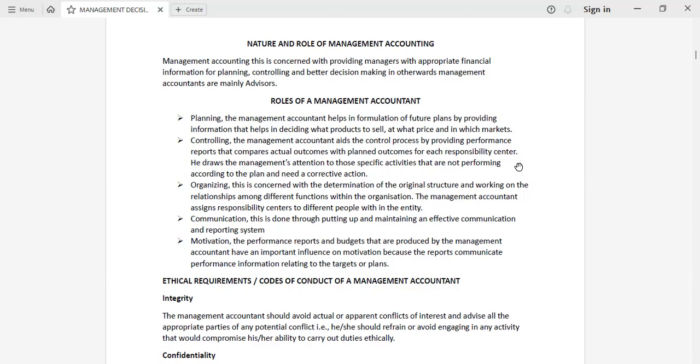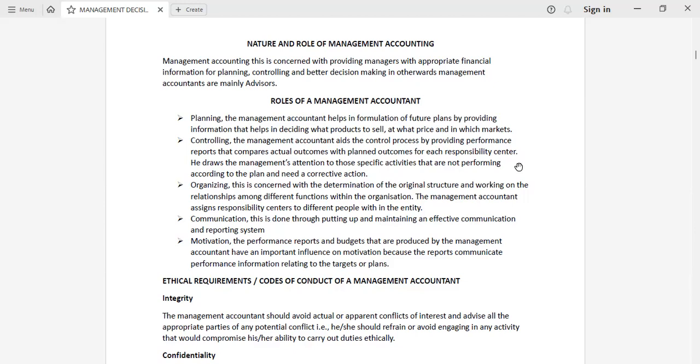The difference between a management accountant and a financial accountant is that the financial accountant is basically on the side of the financial statements all along, their preparation and all that.